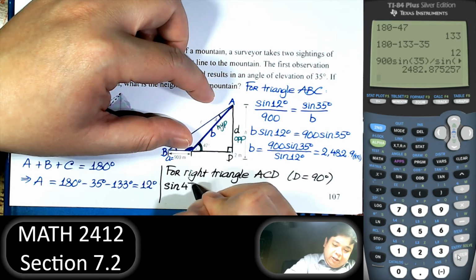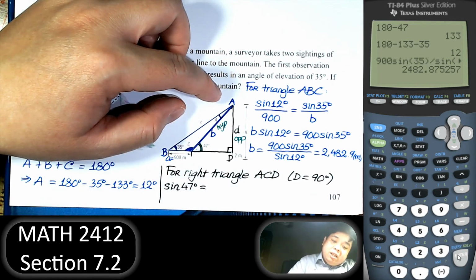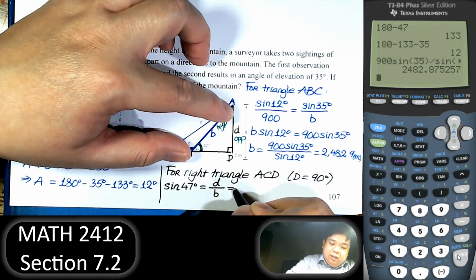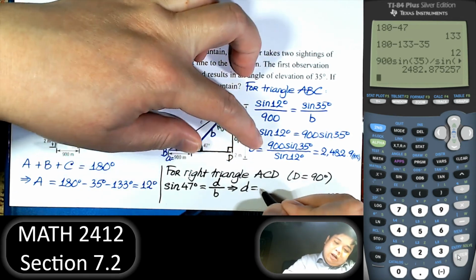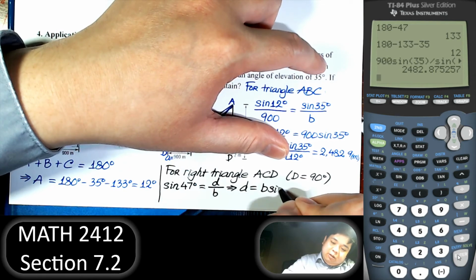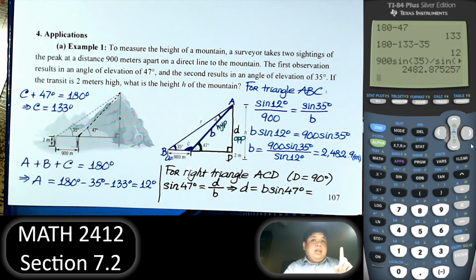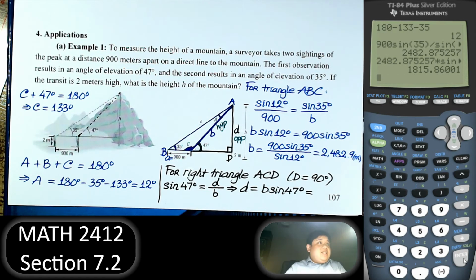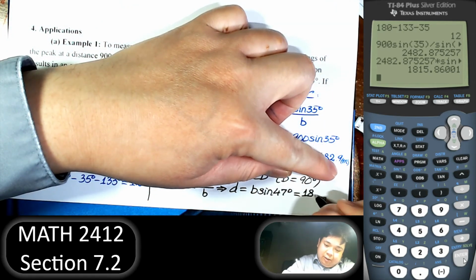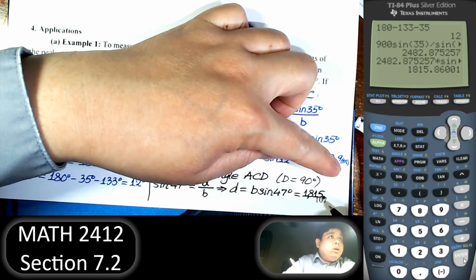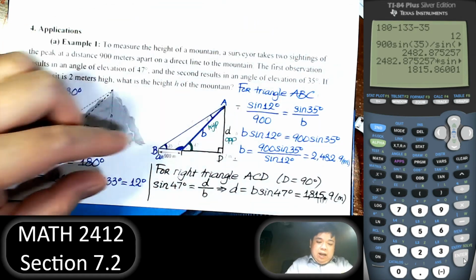Sine of 47 degrees equals opposite, which is D, over hypotenuse, which is B. So we have D equals B times sine of 47 degrees. All I do is take B in the calculator times sine of 47 degrees. That gives us 1815.9 meters, and that is the height.